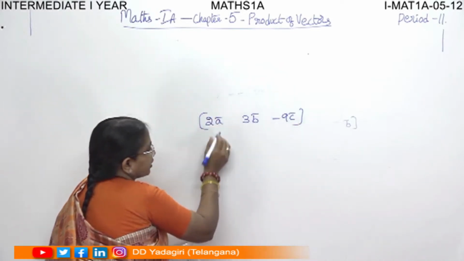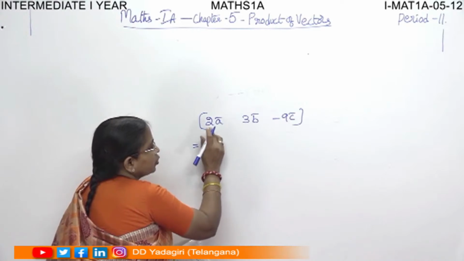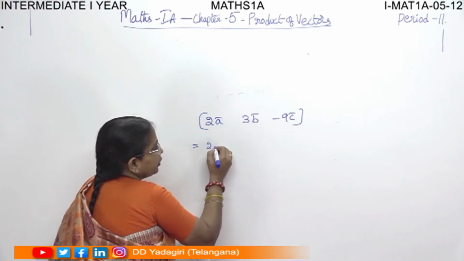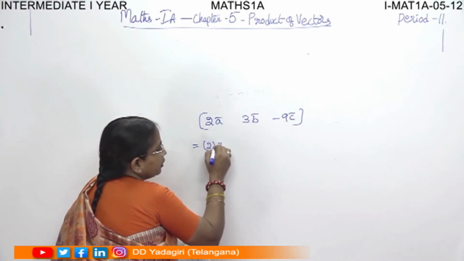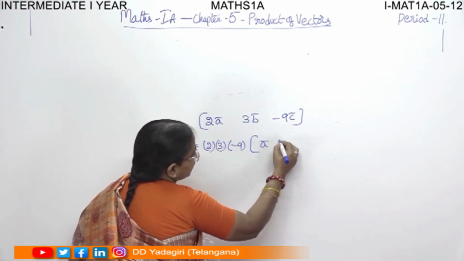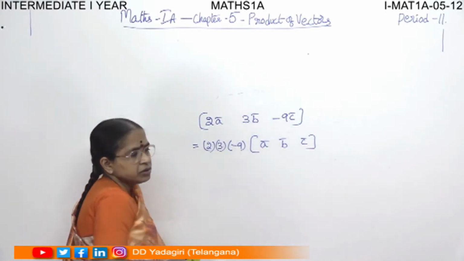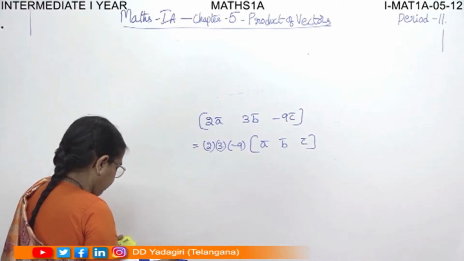This is the box product. Then what is its value? You can just multiply the numbers. 2 into 3 into minus 9 into the box product between the three vectors like this. So this is how you simplify. This is the next property.